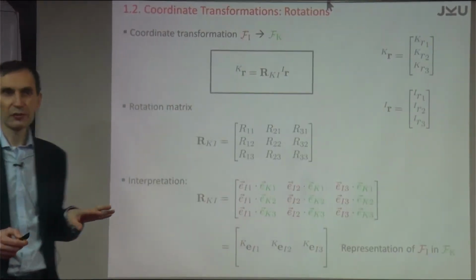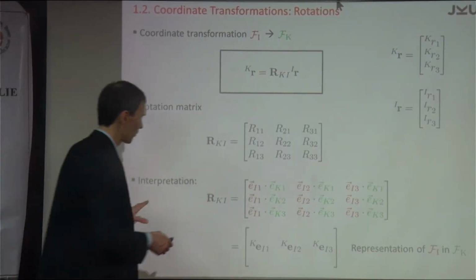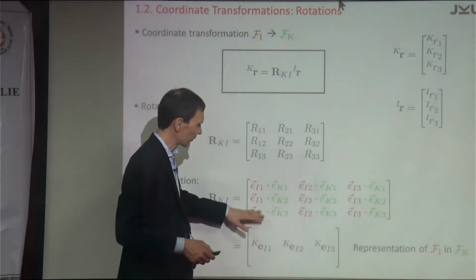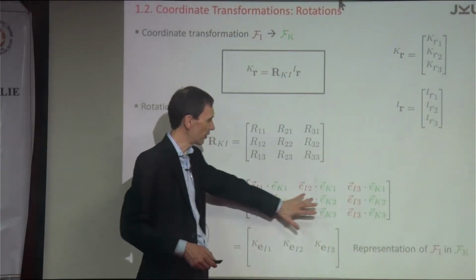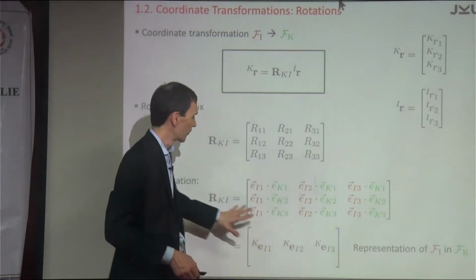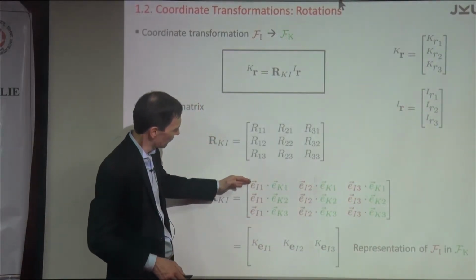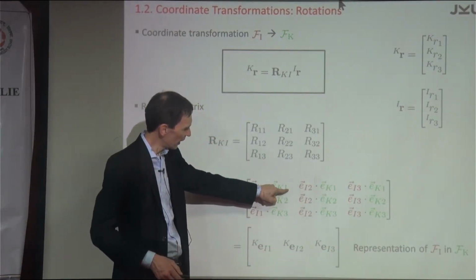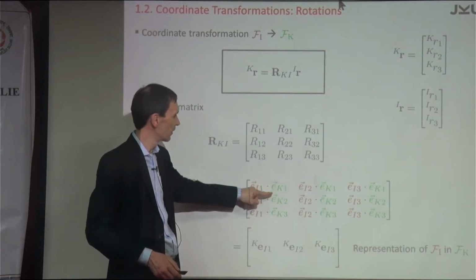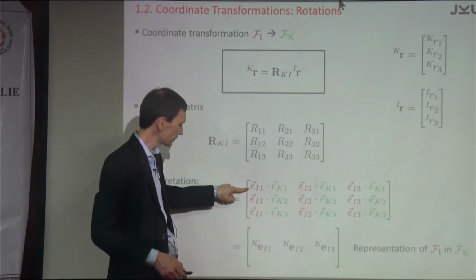Let's say that we have a rotation matrix. What are the properties of rotation matrices? Essentially, this is what you see here. Who's good in math? Essentially, you represent the axis of the green frame in the I frame.